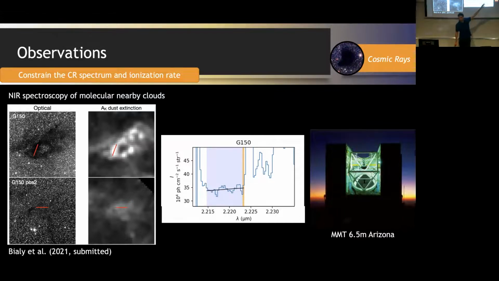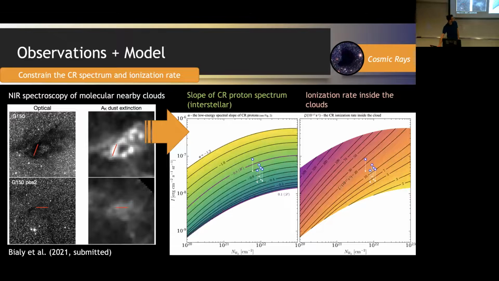No, that's not the line, that's the sky. The sky at these wavelengths is very naughty. It's very bad. So we were not able to detect the line. We were able to place limits on the cosmic ray ionization rate in the clouds and the slope of this power law spectrum based on the non-detection.